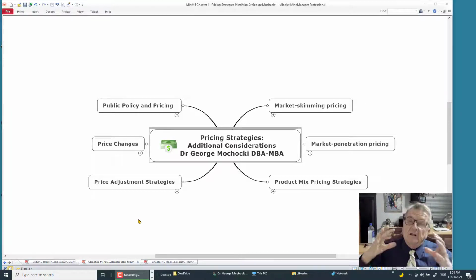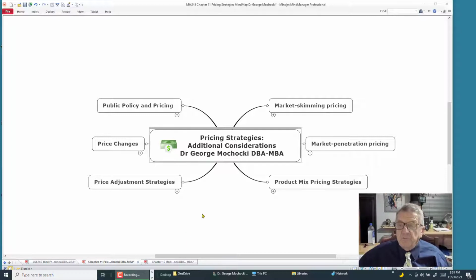So how do I keep that price image for the brand, but still make it affordable by reducing it at certain times, so it gets people to try my product, or to maintain that relationship with them through pricing, because it's still affordable and still a good high quality product, which protects the brand.